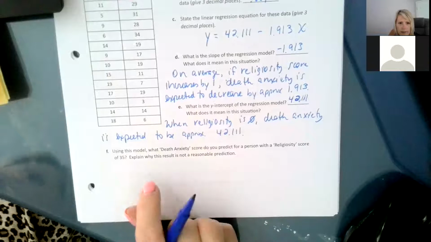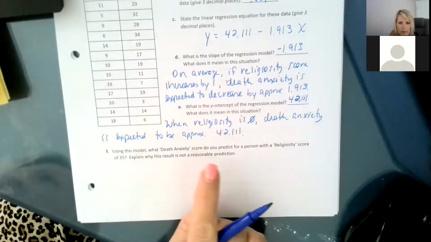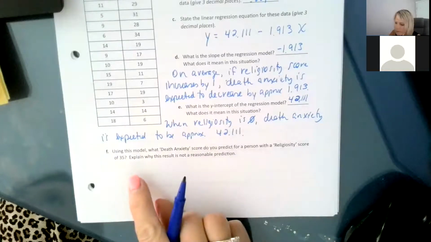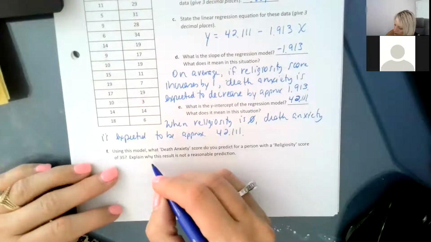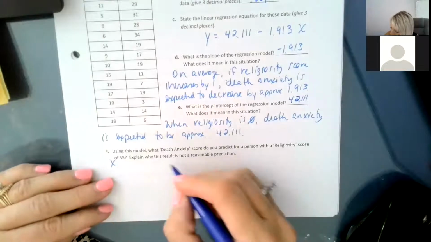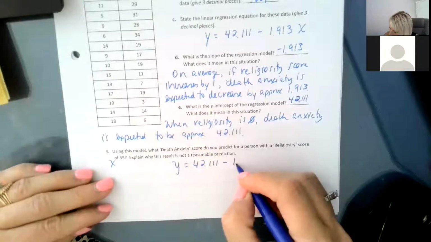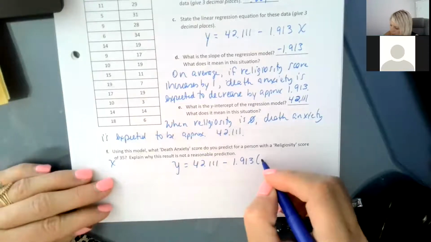And F says, using this model, what death anxiety score do you predict for a person with a religiosity score of 35? So they gave us an X value, right? That religiosity is an X. So we can say Y equals 42.111 minus 1.913 times 35.